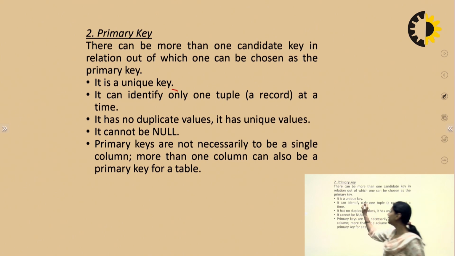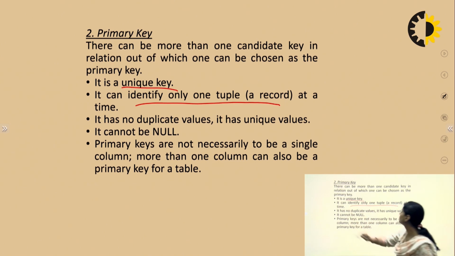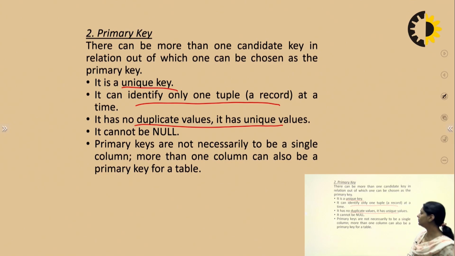That is, it is a unique key, identifying only one tuple. It does not have a duplicate value, and it cannot be null. They are not necessarily a single column. More than one column can also be a primary key for the table.